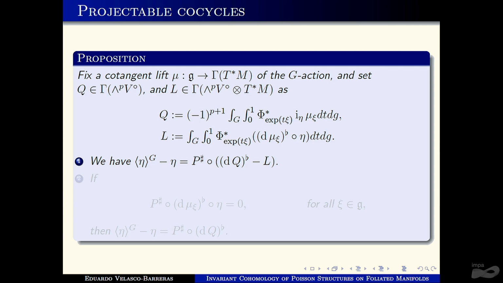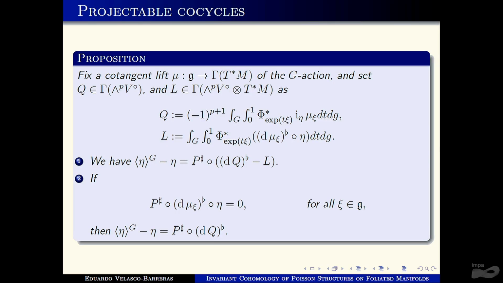Here the extra term is the composition of the anchor map with L. But if we impose that the cotangent lift and the cocycle satisfy this relation, then this term, the composition of the anchor map with L, cancels out, and then we have exactly what we want. So what we need to study now is to find conditions under which this relation holds, conditions under which one can choose a cotangent lift adapted to the given cocycle.